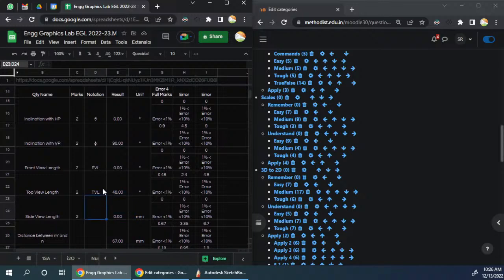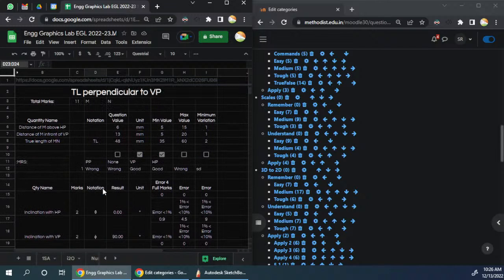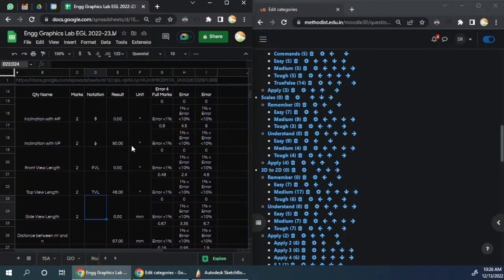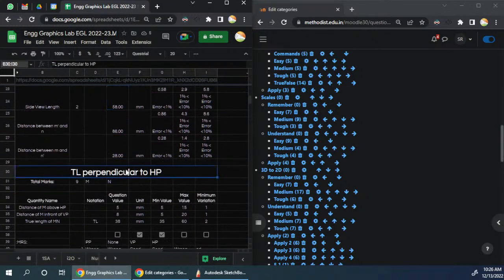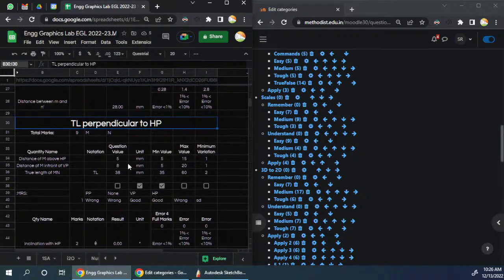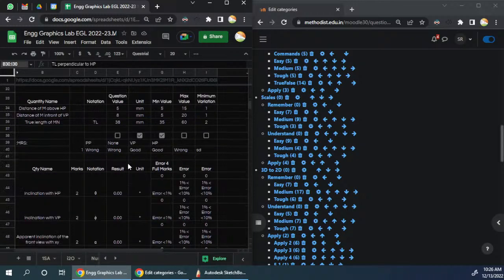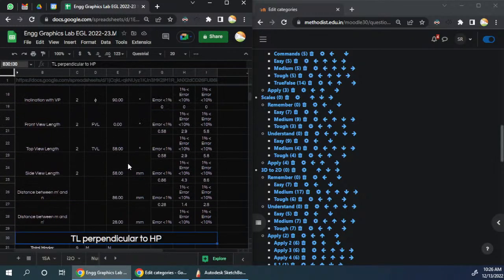Now, this is perpendicular to VP, so when we view it in the side view, it's going to have the true length. So that's all. When it's perpendicular to HP, once again the side view is going to be the same.